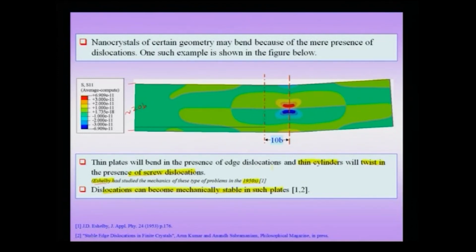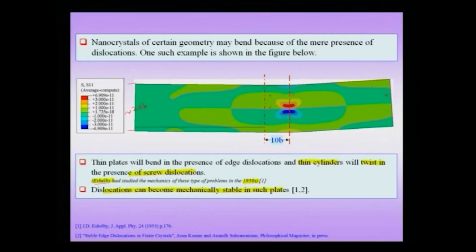That means that if I have a dislocation in the center of this plate, I can put it here or here or here, and there is a region of stability within the crystal. Of course, if it is very close to the free surface, it will again be mechanically unstable, but there could be a region of stability of the dislocation. In other words, a dislocation positioned here would feel a force towards the center and not towards the free surface. So, that is an interesting point.